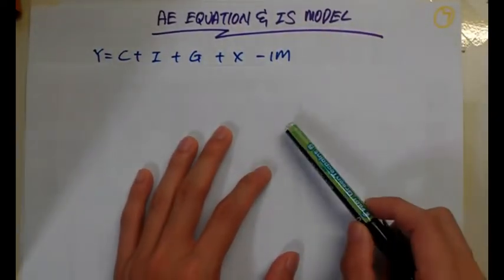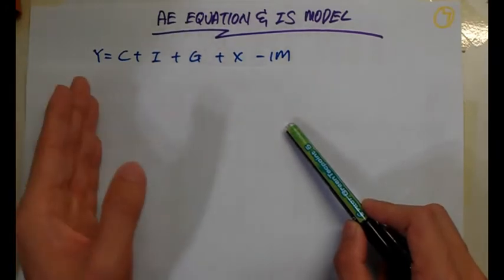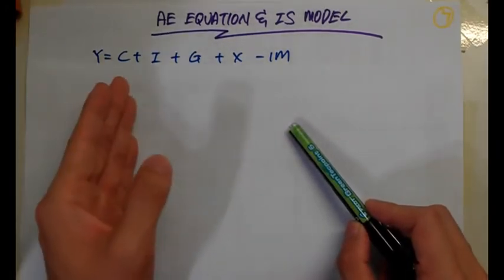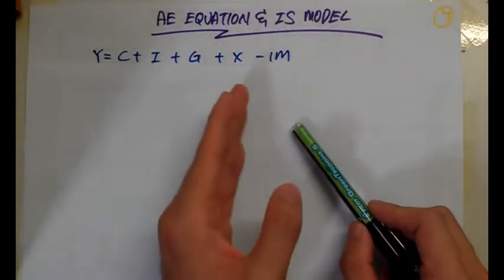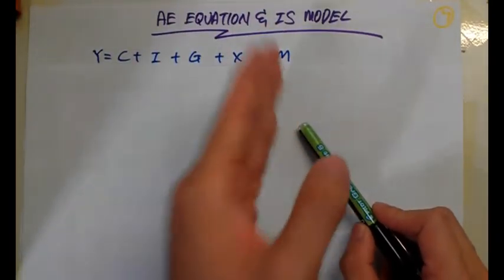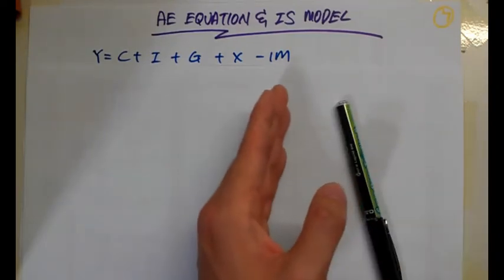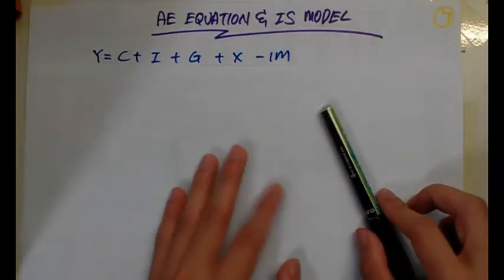In order to find income, I need to take my consumption and add that with my investment, government spending, exports, and I'm going to less imports, because when I import, money is flowing out of the economy, so it is not income to me.